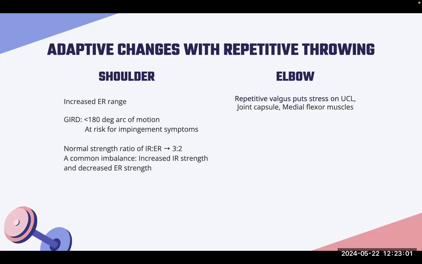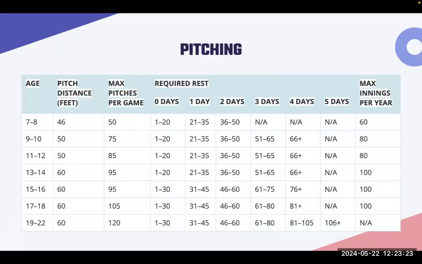Even when we strength test, we know the internal rotators are generally stronger than the external rotators, but it's a ratio of 3 to 2. And if you have an imbalance of that, you're going to be more prone to impingement. In the elbow, we already talked about the medial elbow and how much force goes on there. So those are some of the changes that we see.